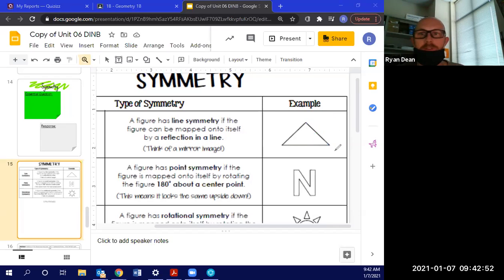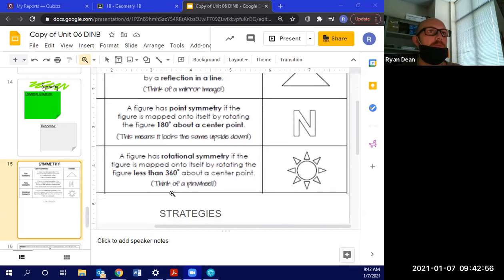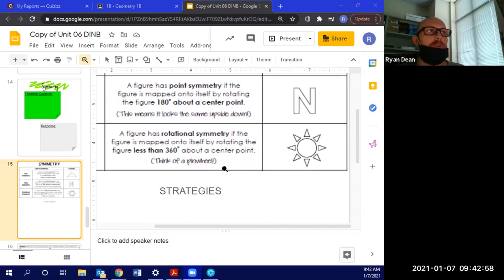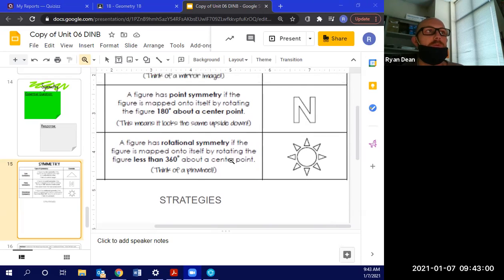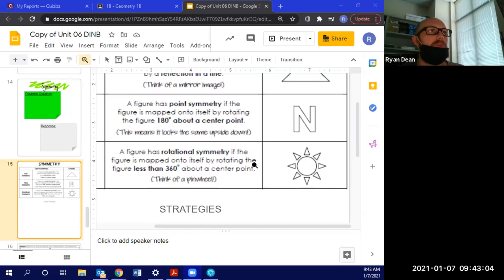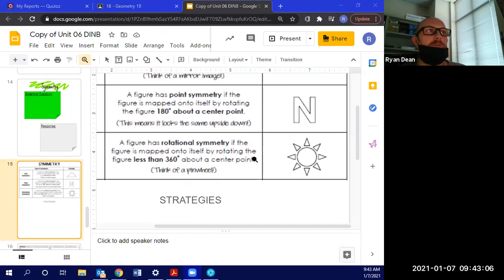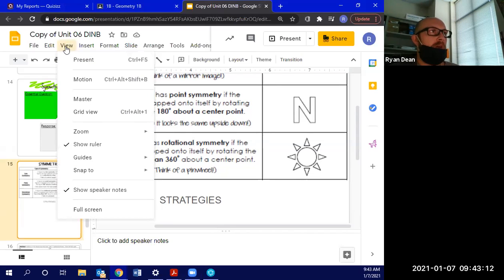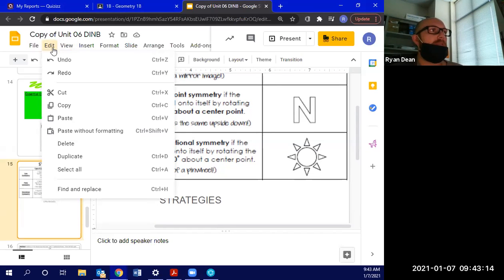Now for the other types of symmetry, they're all about rotating the figure, right? So we can't physically rotate this piece of paper here, but if you have access to a PDF file, then you could rotate it using the view feature in the PDF file.